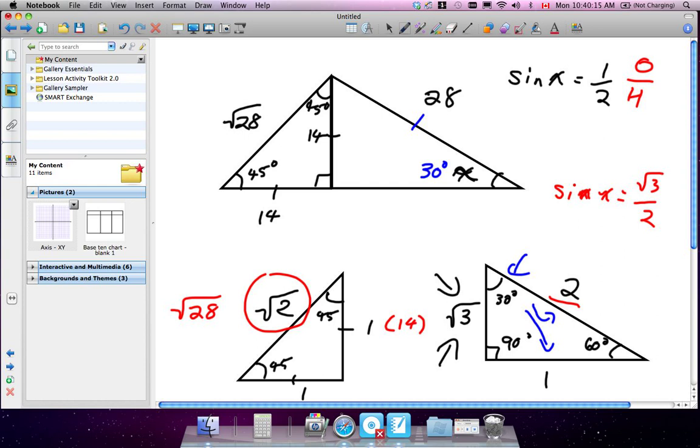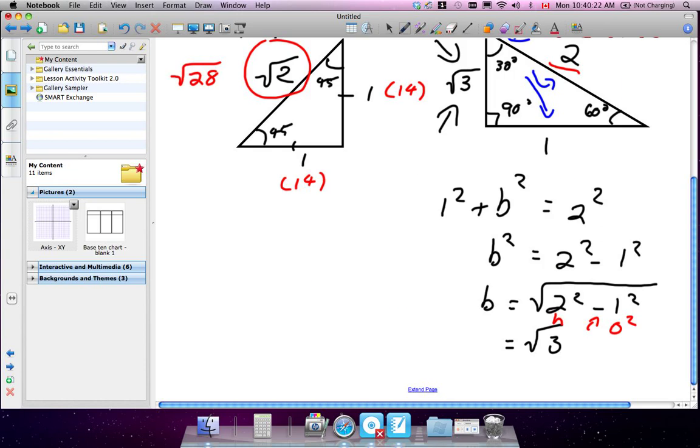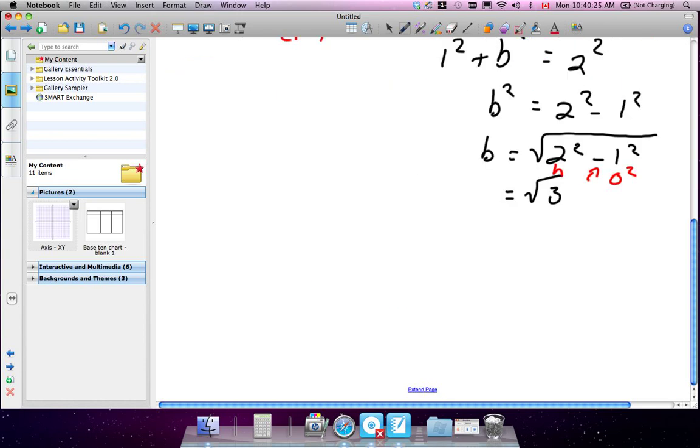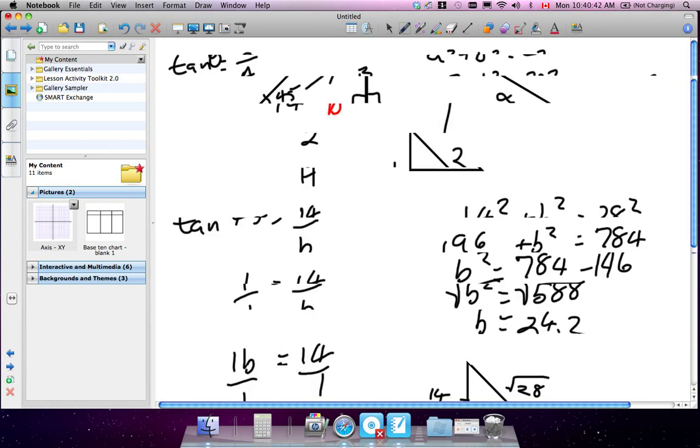So if I square 28 and subtract 14 squared, I'm going to find out whatever this side is. That's what will be the root. So in other words, I know that side b is going to be the root of hypotenuse squared, which is 28 squared, subtracted by 14 squared.